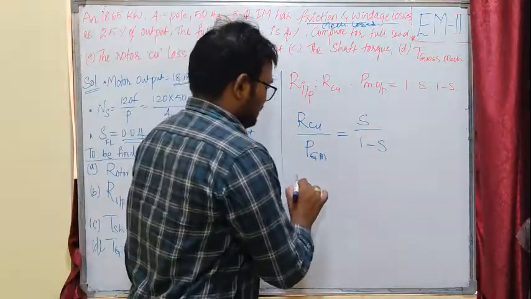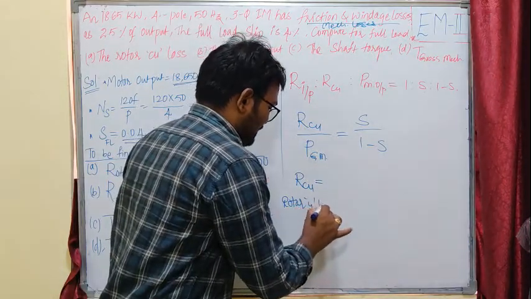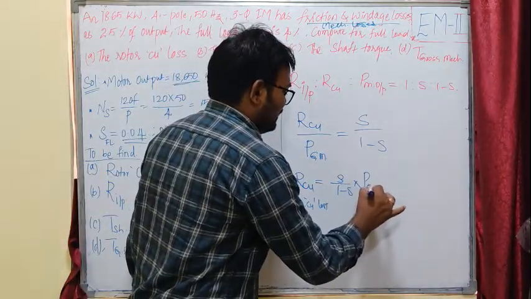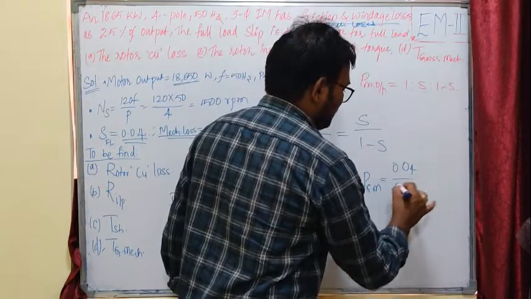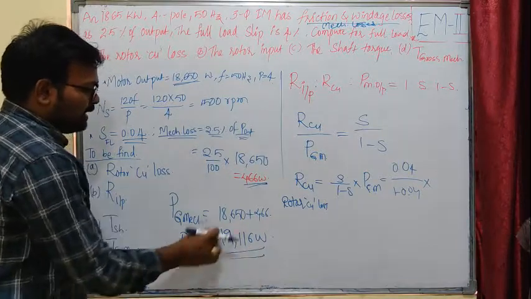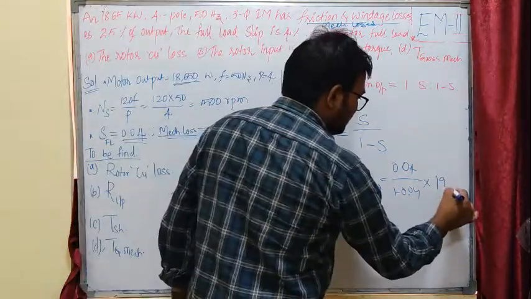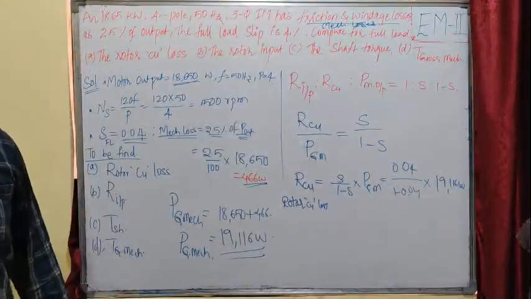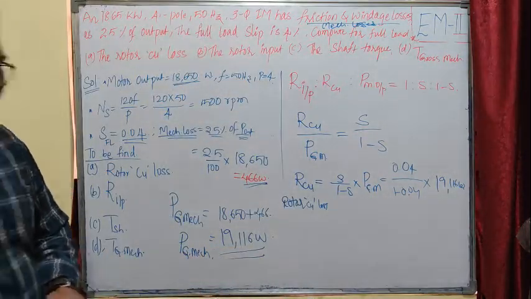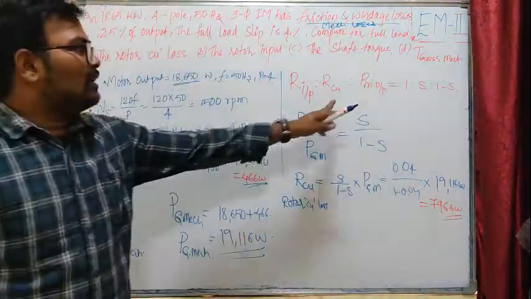So my rotor copper loss is S by 1 minus S into the gross mechanical power output, which is 0.04 by 1 minus 0.04 into 19,116 watts, the gross mechanical power output I got by adding motor output plus mechanical losses. Substituting those values, the rotor copper loss is around 796.6 watts.